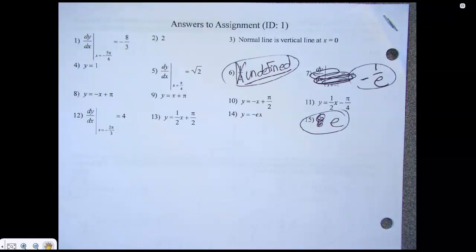So look up here at the way I wrote it. You put the negative inside and it goes away, right? That's an important thing to talk about. The derivative of cotangent is negative cosecant squared. Do not put the negative inside the parentheses, because if you do and you square it, it's going to go away.